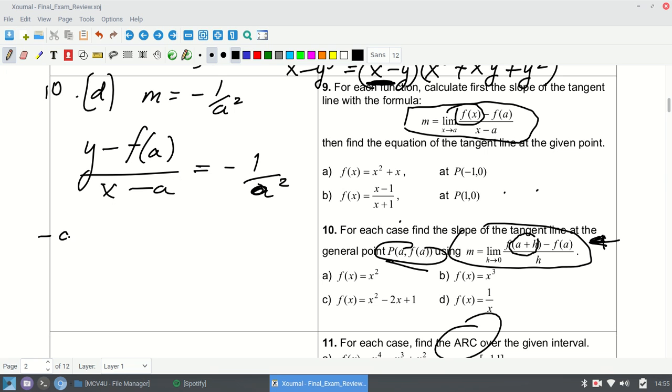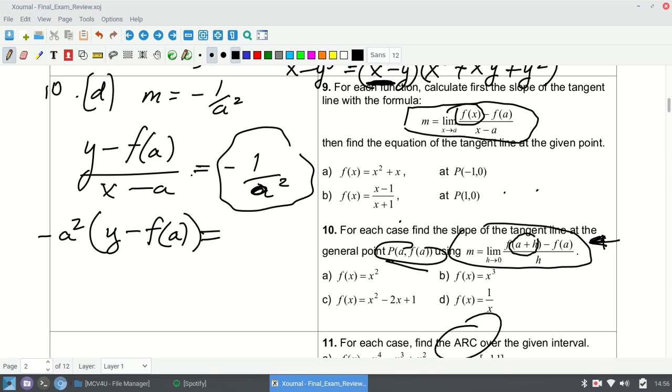So I get negative a squared here, y minus f of a. Now if I multiply the side right here by negative a squared, hopefully you'll see I'll get 1. But then if I multiply by x minus a, I get that. So now I have x minus a equals negative a squared y plus a squared f of a.